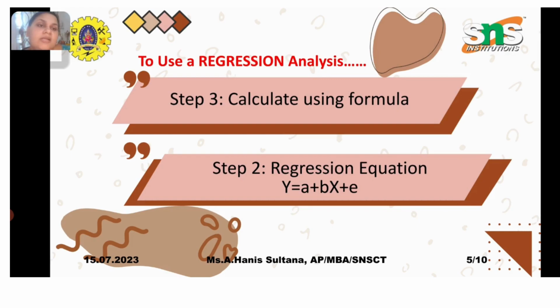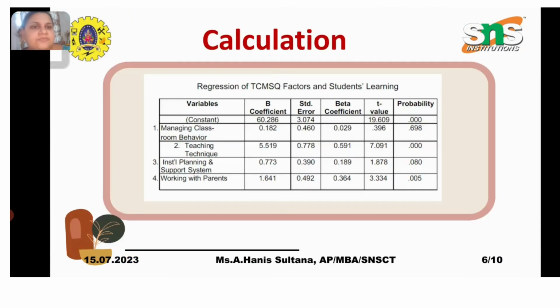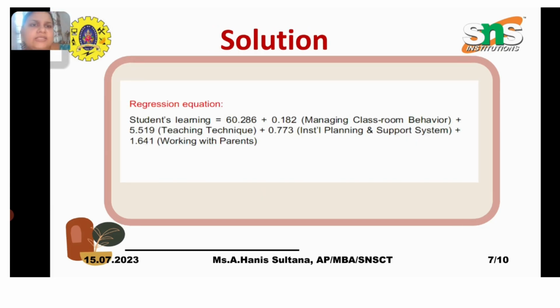Y is the dependent variable, a is alpha, b is beta, x is the independent variable, and e denotes the error term. After calculating using a statistical method, these are the parameters, or the results, we have obtained from the regression analysis.